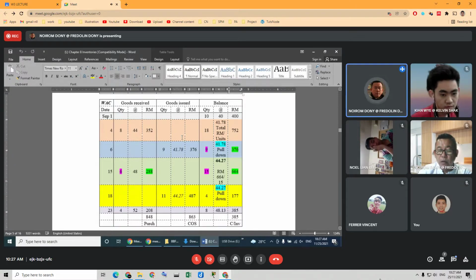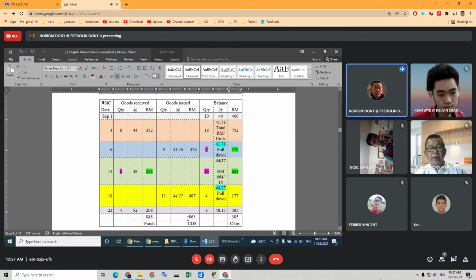Why? Like what I've said just now, for the balance column, you keep updating. I mean, the process of updating has been done. So take the last row. But for issue column and receive column, we did not do the updating like we have done in the balance. So that's why we can plus the value column in order to get the total purchases and the total cost of sales.